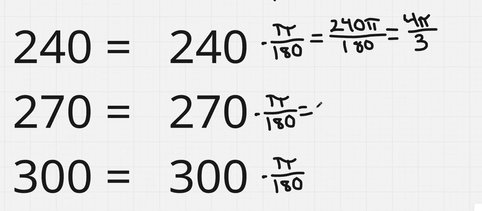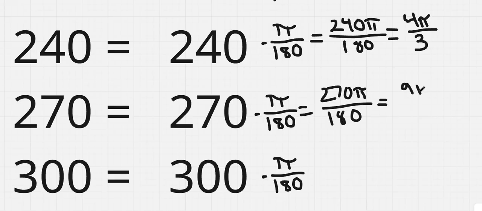270 degrees as a radian is 270 pi over 180, which can be reduced by finding the greatest common factor, and in this instance it is 30. 30 goes into 270 9 times, so our numerator will be 9 pi.